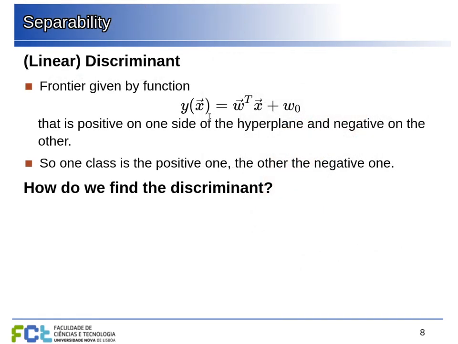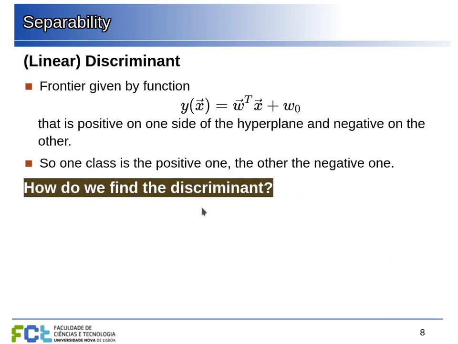Okay, so given this function, y, that is a function of the inner product of this perpendicular vector and our coordinates plus this constant, we know that it is positive on one side and negative on the other. So if we have the parameters here, all these w and w0, we have our discriminant, and we can separate the two classes. One is the positive one and the other is the negative.